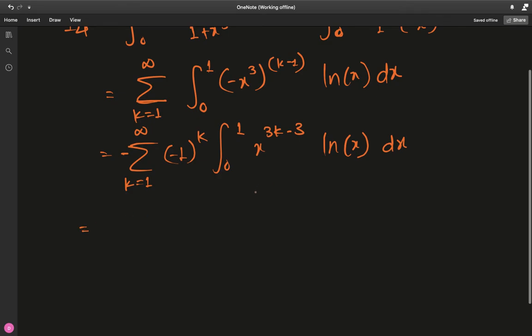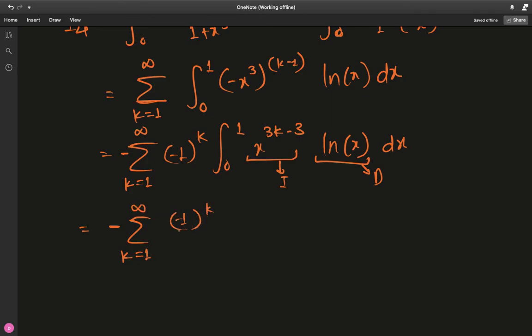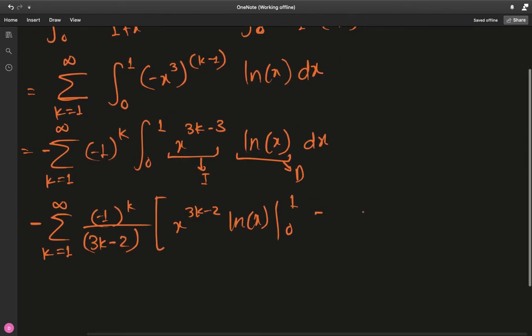So now again integration by parts. Integrate this while we differentiate this. Minus the sum from k equals 1 to infinity of minus 1 to the k over 3k minus 2, then x to the 3k minus 2 times natural log of x evaluated from 0 to 1, minus the integral from 0 to 1 of x to the 3k minus 2 divided by x, because of the derivative of this, so x to the 3k minus 3 power dx.